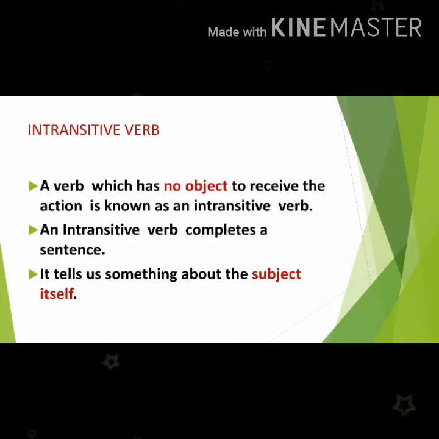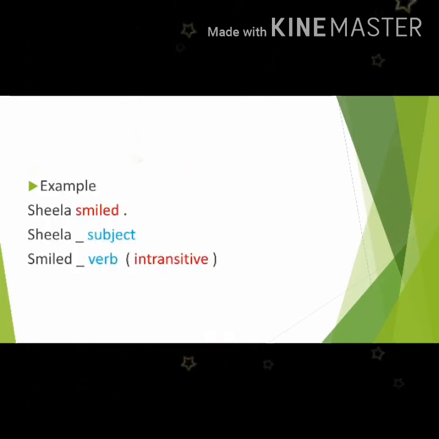Now let's learn about intransitive verb. A verb which has no object to receive the action is known as an intransitive verb. An intransitive verb completes a sentence. It tells us something about the subject itself. For example, Sheila smiled.